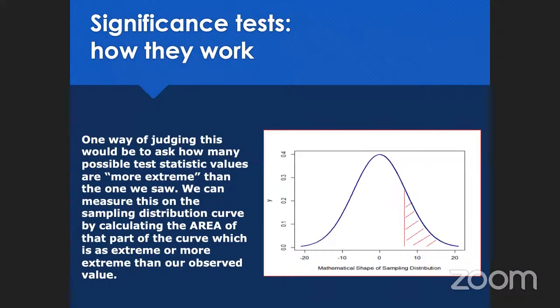And we can measure this on the sampling distribution curve by calculating the area of that part of the curve which is as extreme or even more extreme than the observed value.